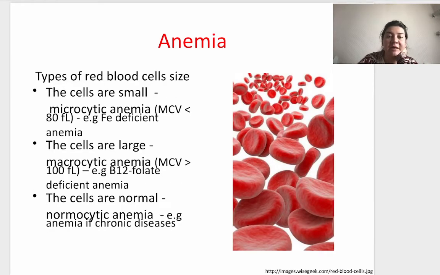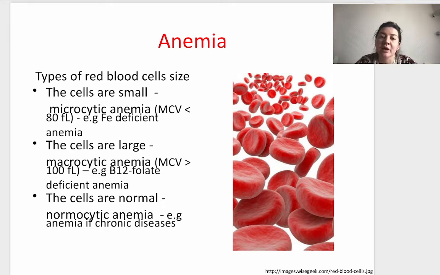Types of red blood cell size. It is one more sign that we check in CBC. If cells are small, we name it microcytic anemia, when size is less than 80 femtoliters, typical, for example, for iron deficiency.